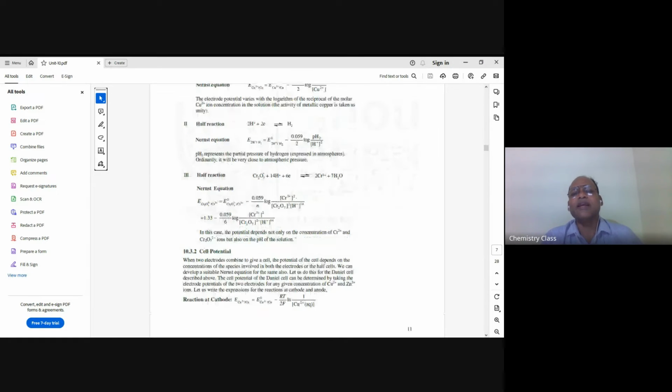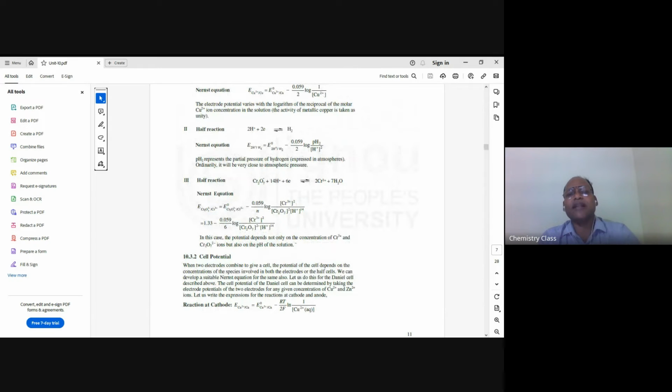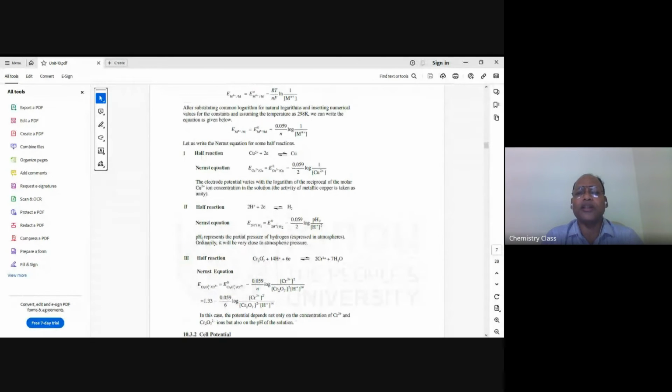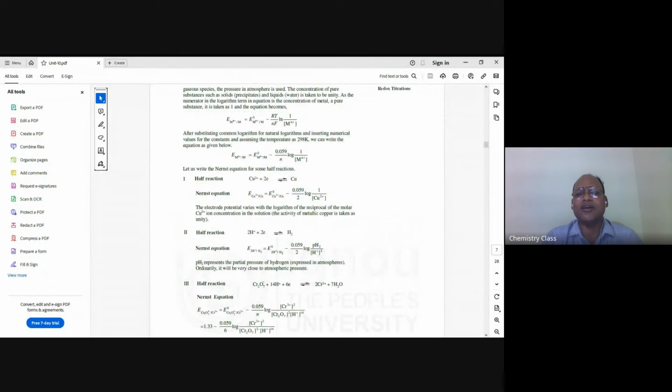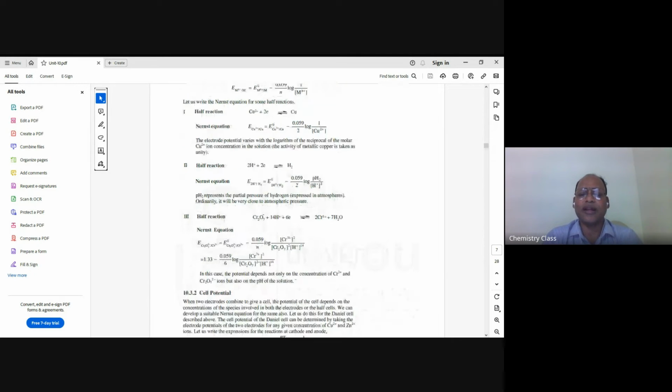So ultimately, as I told you, R is a constant, T is a constant, F is a constant, and ln converts to log by multiplying by 2.303. When you multiply and divide all these numerically, you get 0.0592 divided by n, times log of concentration.